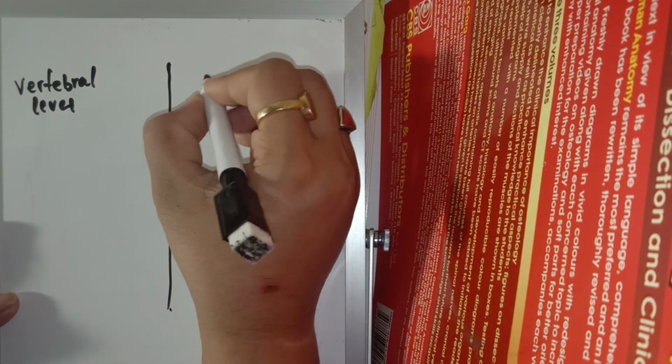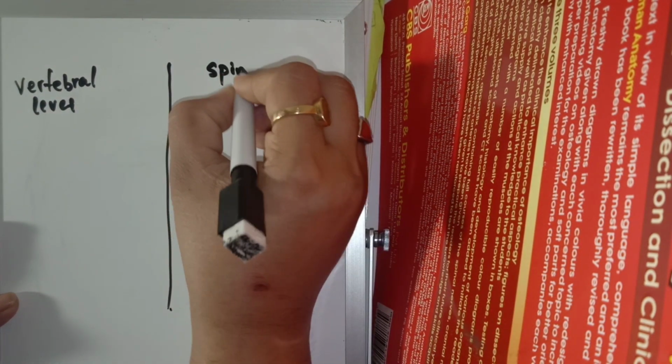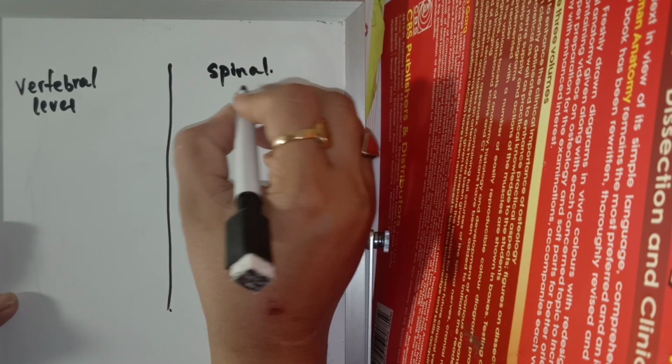Now I will tell you what the difference is between vertebral and spinal segments. First we will draw two columns. The first column will be vertebral level and the second column will be spinal level, or you can say spinal segment.